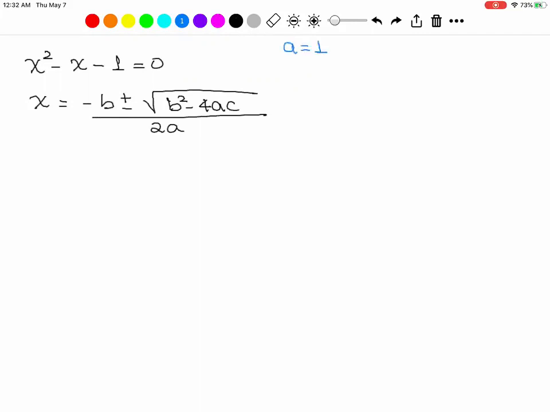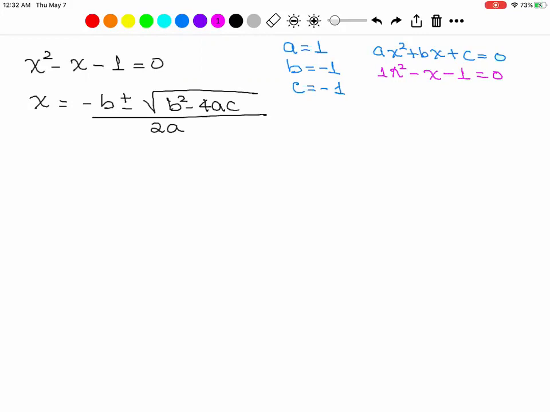A is equal to 1, b is equal to minus 1, and c is equal to minus 1. Remember, the form of the equation is ax squared plus bx plus c equal to 0. And if you write that equation below this, x squared minus x minus 1 equal to 0, then you can see where the coefficients are, right? A is 1, b is minus 1, and c is minus 1.